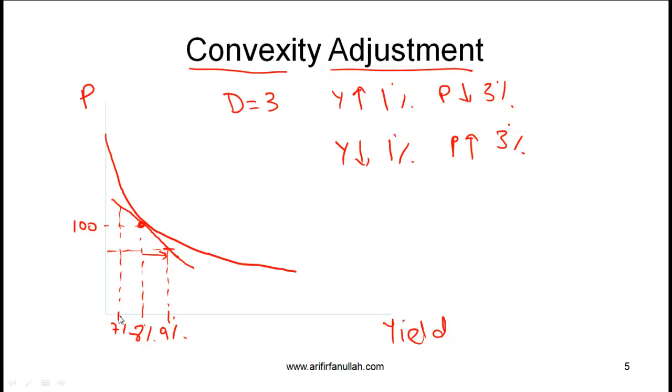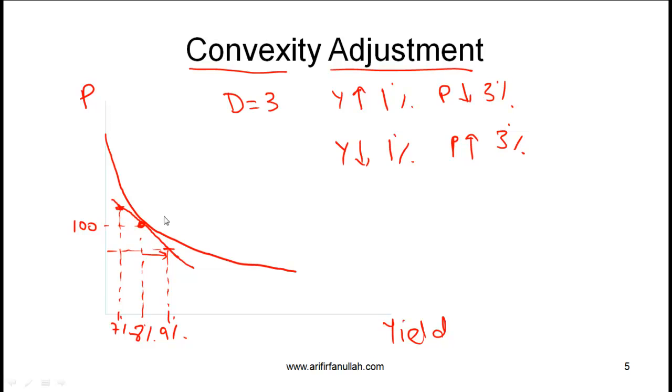So when the yield comes down to 7%, according to the duration approximation, the price will go up by 3% to 103, and when the yield goes from 8 to 9%, we expect the price to come down by 3%. Now this simplified measure of duration ignores the fact that our curve is convex.